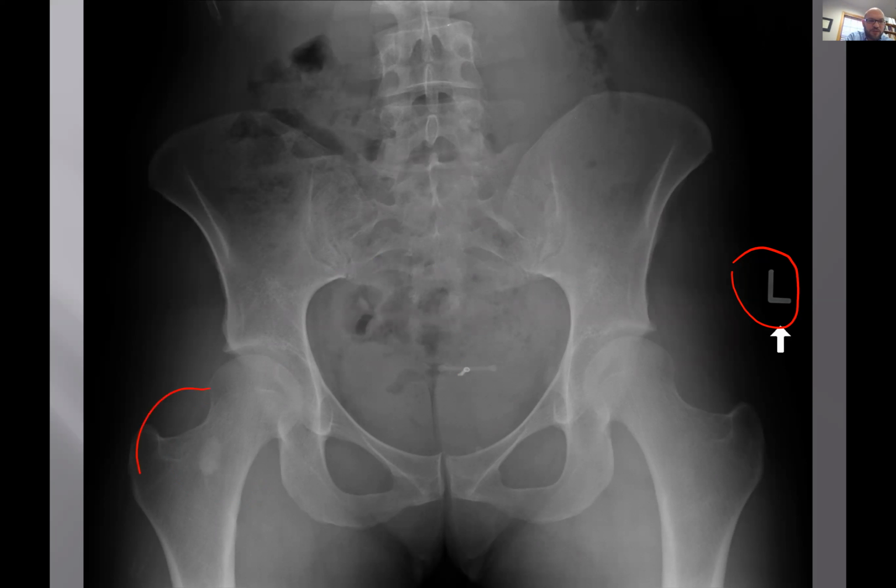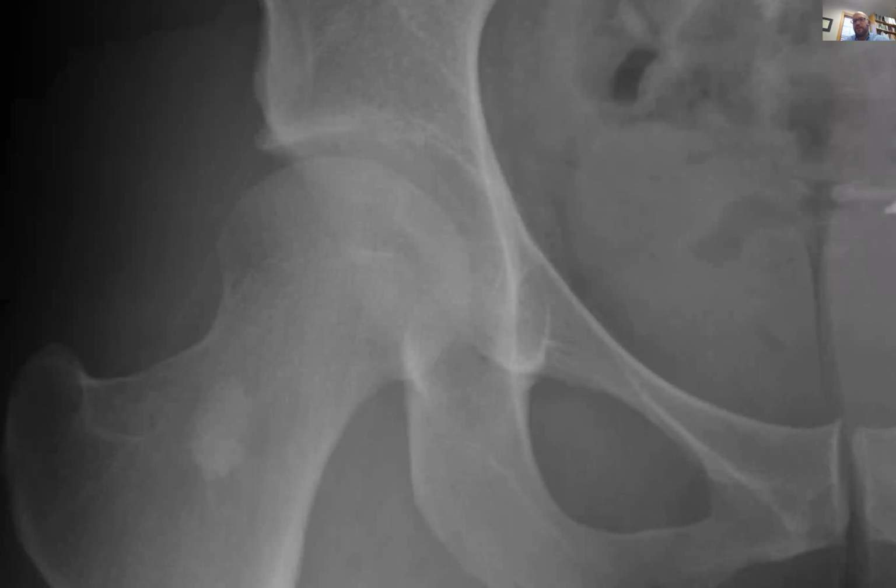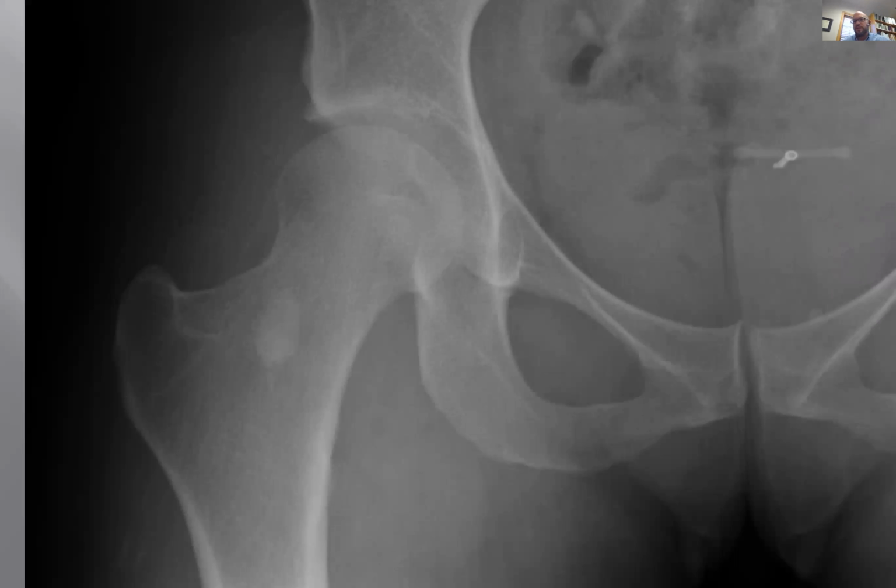So that leaves us with this finding here. All right, so good. Let's see if we can make that a little bigger here. All right, so now we make the finding. It's a bone lesion. Do you guys favor this being an aggressive bone lesion or a non-aggressive bone lesion? And why or why not?